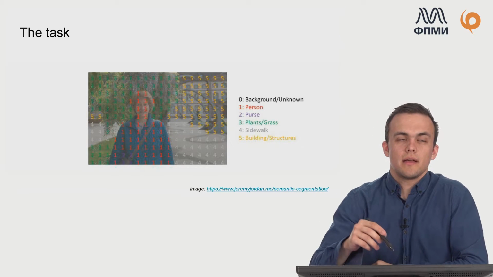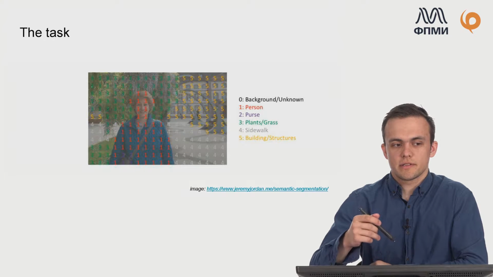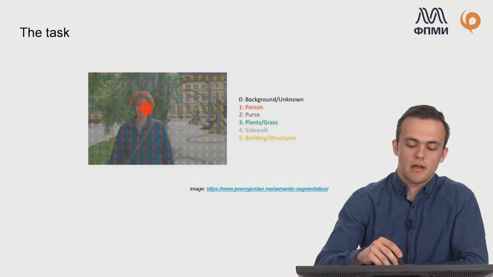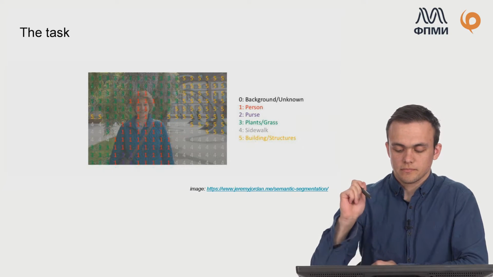So basically, these kinds of neural networks are trying to solve the classification problem for every single pixel, but they need to use the information about the near neighborhood of this pixel.